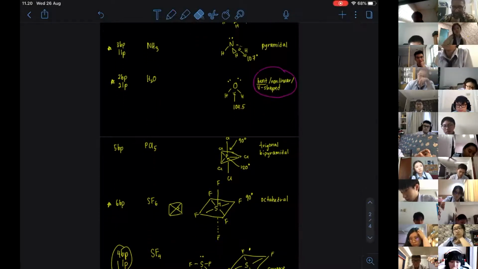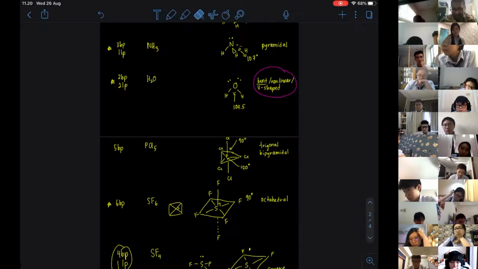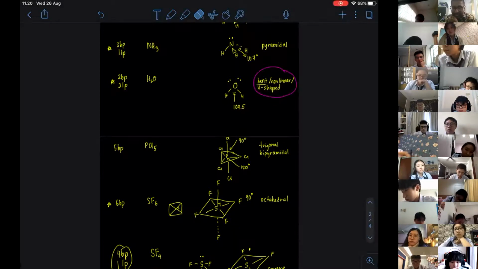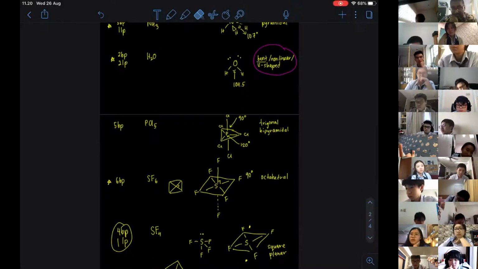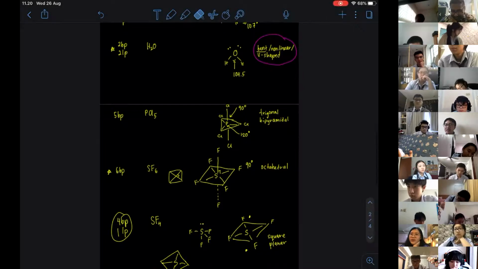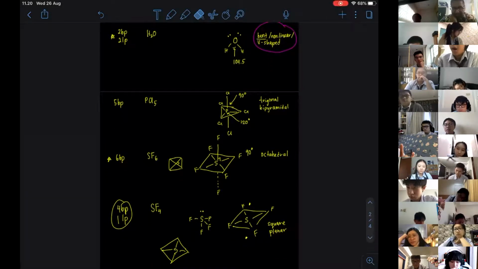Are they planar or non-planar, Megan? No, they are non-planar. Octahedral, Arvin? No. Non-planar. How about the last example, square planar, Michael?